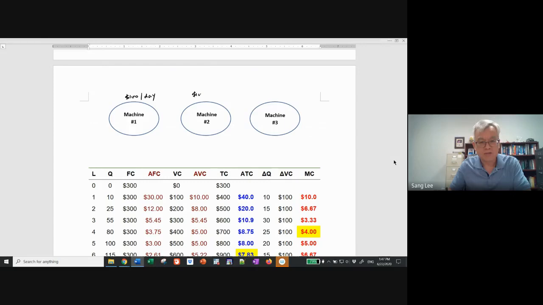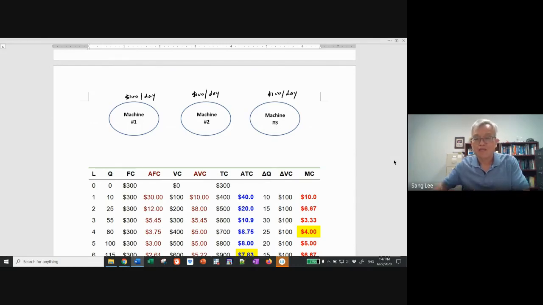So each machine, $100 per day, and the number of machines is fixed. So no matter what you do with the 3 machines, it costs you what? $300 a day.